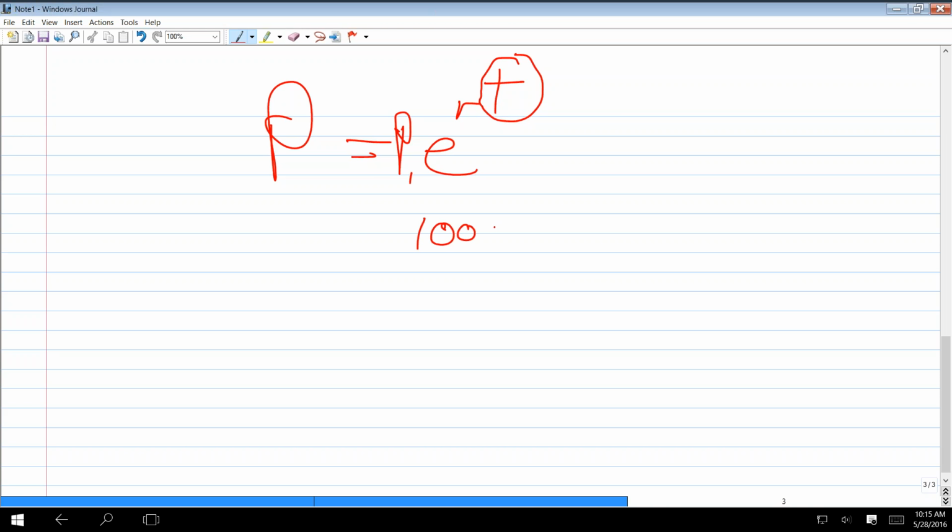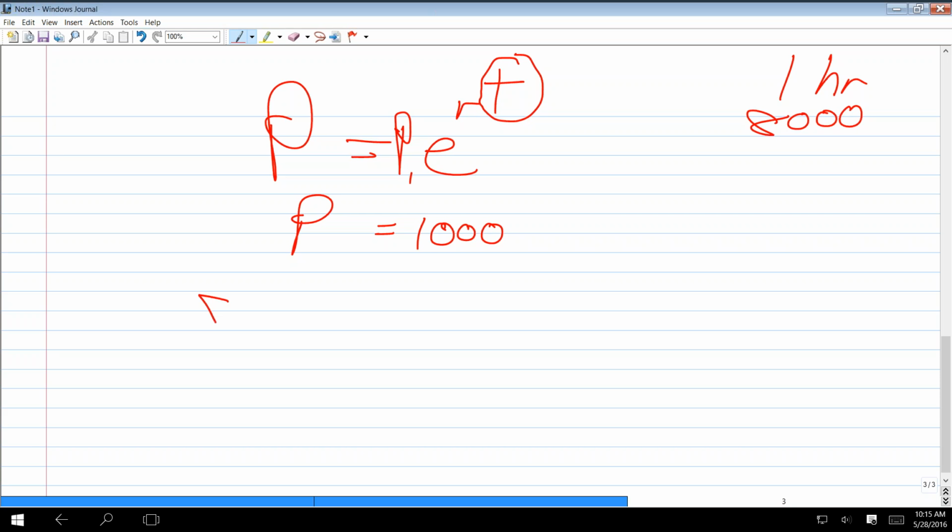So that's immediately 1,000. After 1 hour, the bacteria count is 8,000. So find a function that models the population after t hours. All right.